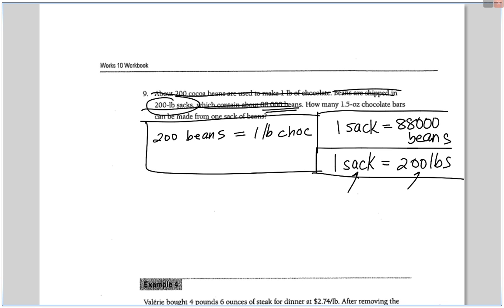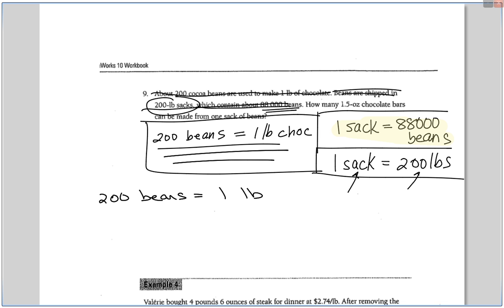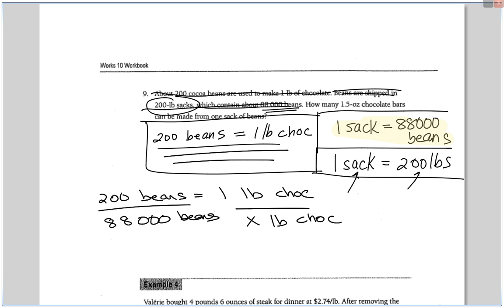Well, I'll just use the fact that 1 sack is 88,000 beans, and I'll also use this main one here. So 200 beans equals 1 pound of chocolate. I have 88,000 beans, X pounds of chocolate. Cross multiplying, 1 times 88,000 divided by 200, 440 pounds of chocolate.